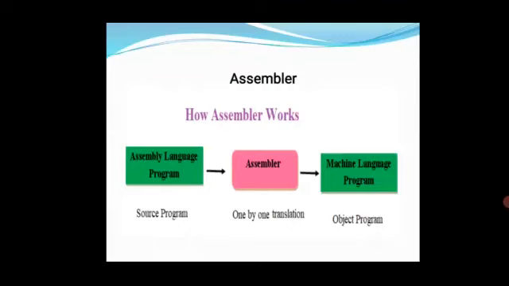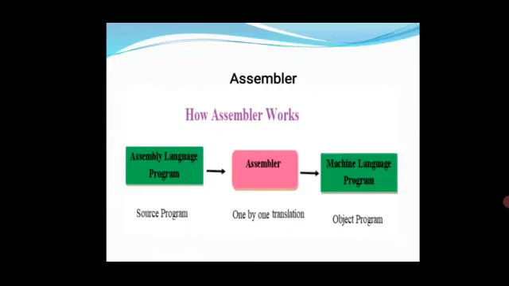Each and every instruction of the program is converted into machine level, one by one. A program contains a set of instructions. For example, if a program contains 10 lines, the assembler does one by one translation only.